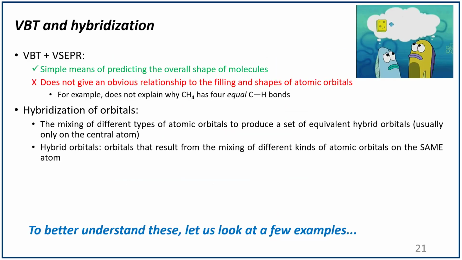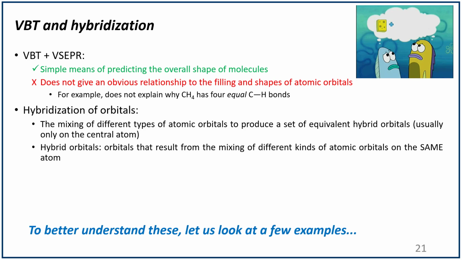Now together, the valence bond theory and the VSEPR theory provide quite a good job of predicting the overall shape of molecules, and at the same time how those bonds are formed between atoms in the molecules. However, it does not really give any relationship to the filling and shapes of those atomic orbitals.